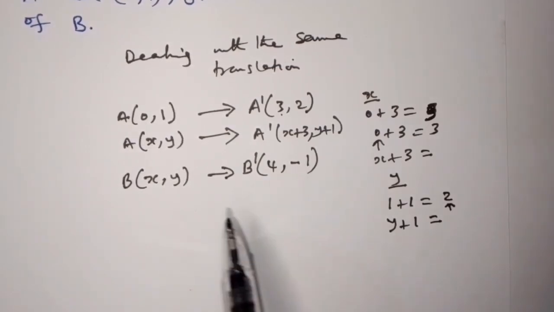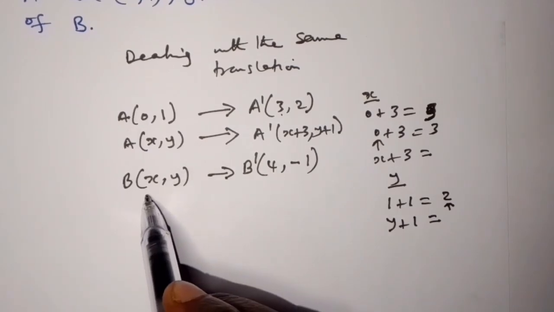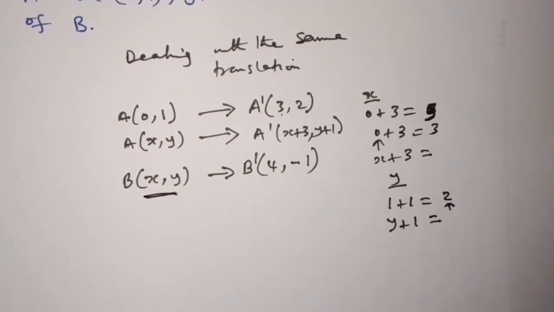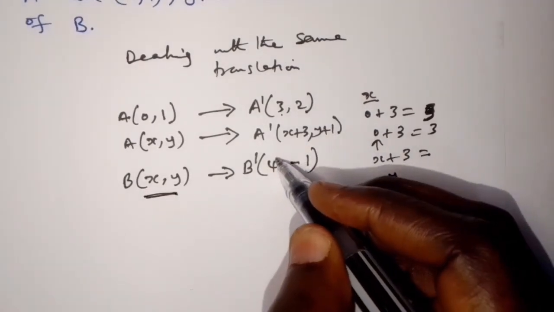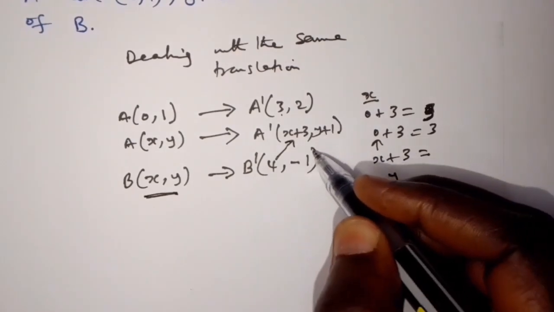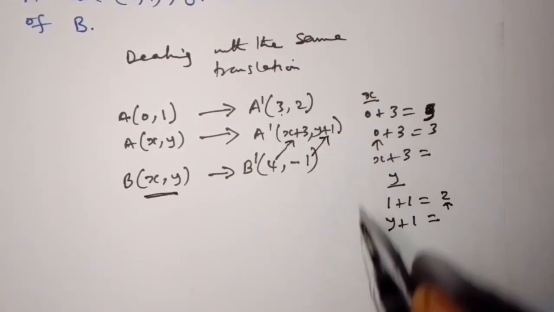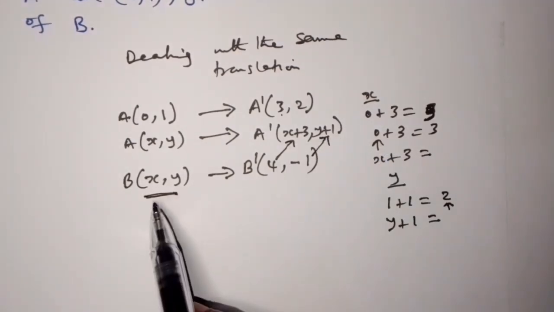So now how can we find (x, y) here, the required coordinate for B? We can just equate. We equate 4 to this one here, and we equate negative 1 to this one here in order for us to get x and y.